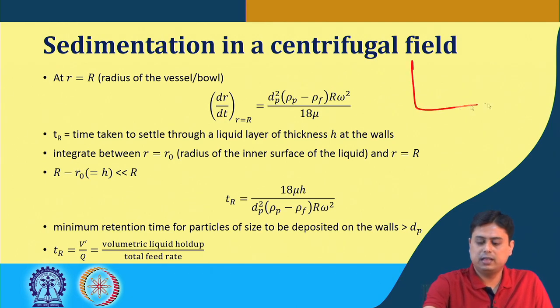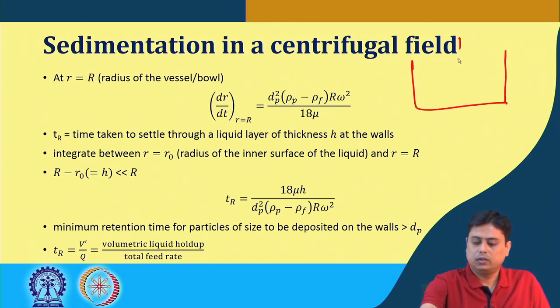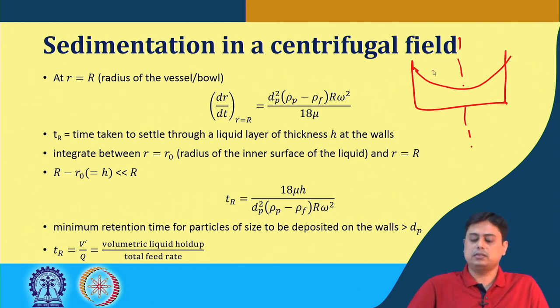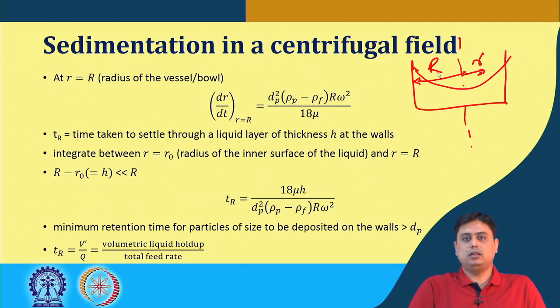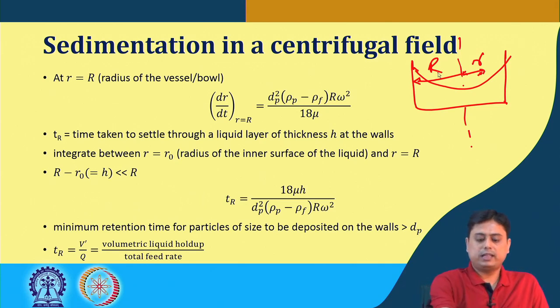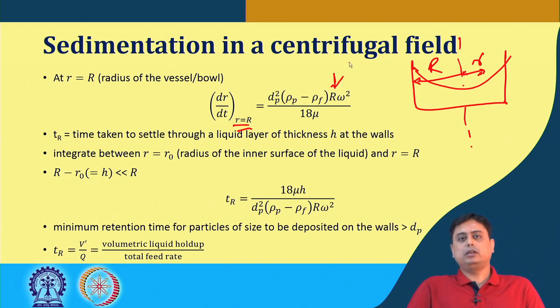So if this is the vessel, it is rotating on its axis and the free surface takes a form like this. Say the particle is here, this is r. So when r is capital R, the particle hits the wall, impacts the wall. So that means in this expression, capital R is introduced in place of small r.